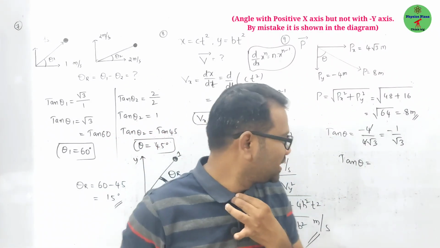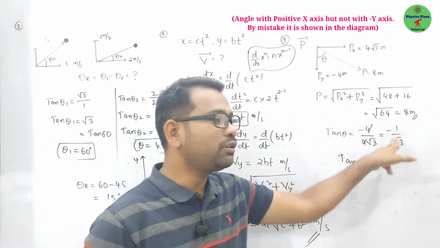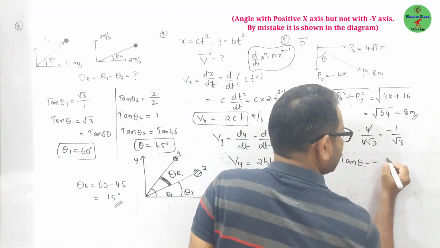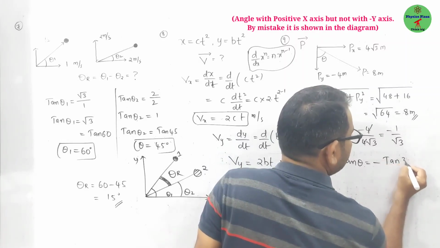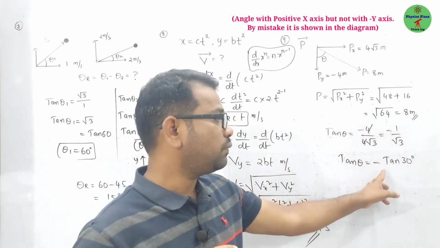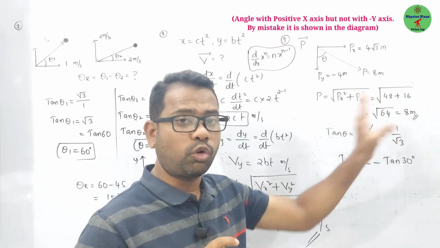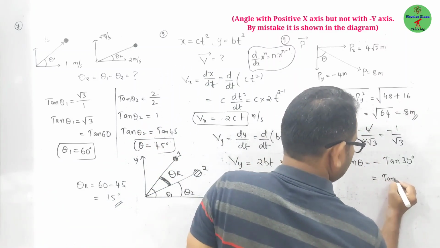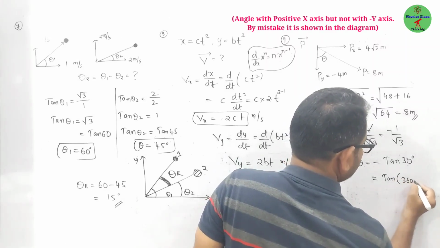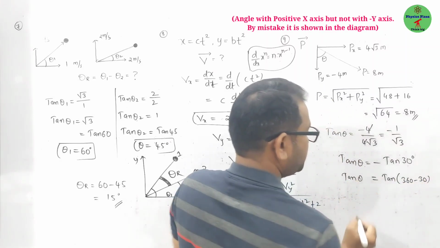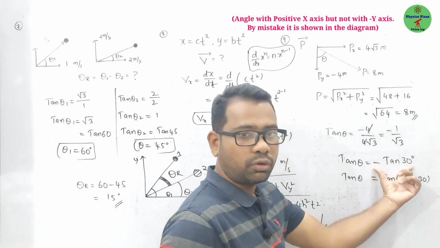Angle is how much? Children, we know that 1 by root 3 is tan 30. So it is minus tan 30, right? Minus for tan means it will be in the fourth quadrant. So this can be written as tan of 360 minus 30, which is nothing but minus tan 30 only.